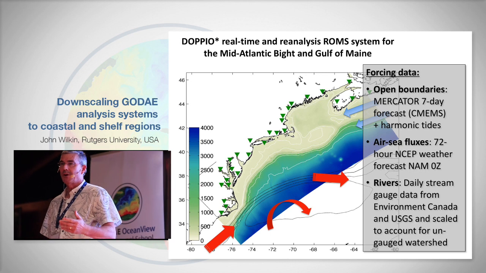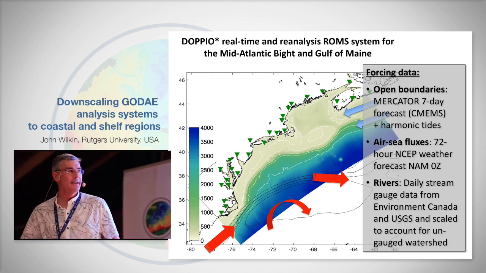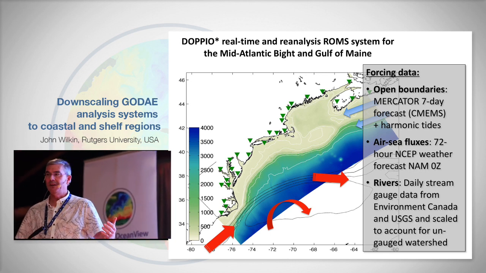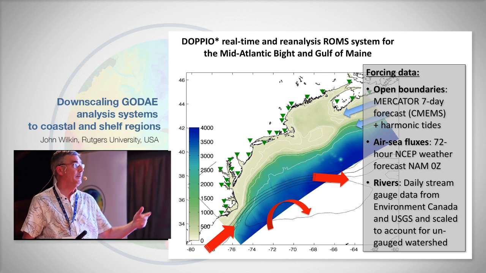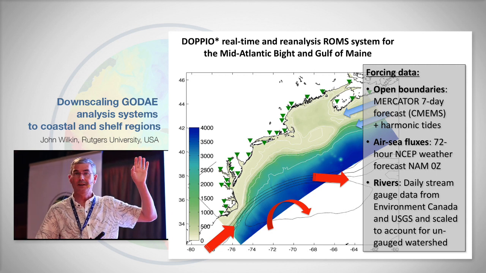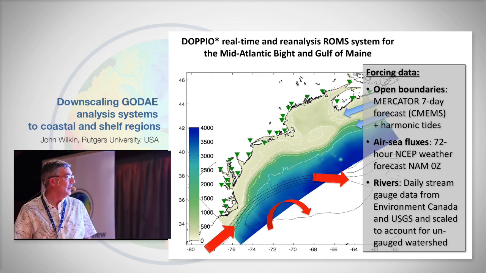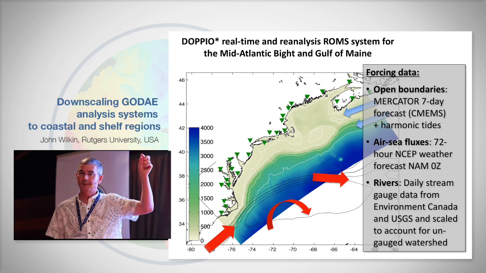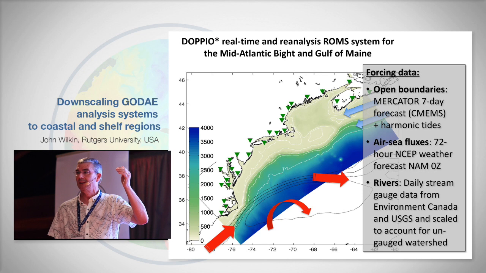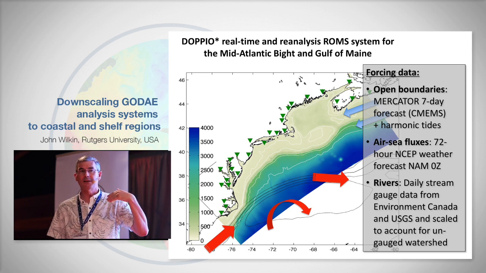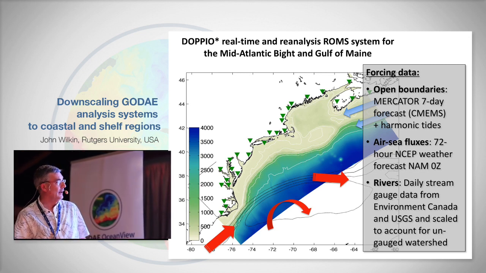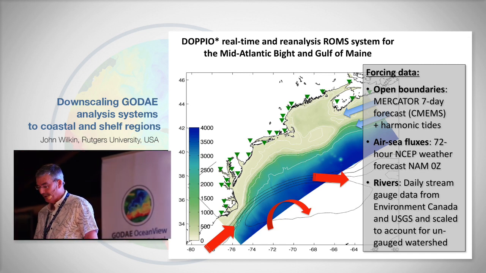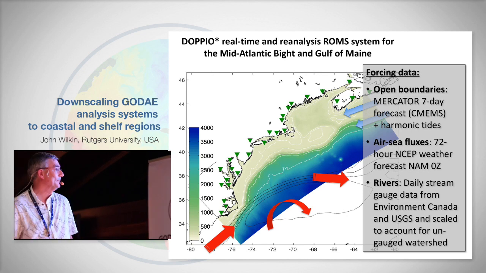We get gauge data from the Geological Survey and Environment Canada, and we have scaled that up with a statistical model based on a very high resolution, 5-kilometer resolution watershed and surface water flow model, because the gauges are a little bit upstream, and there's a significant portion of the watershed that they do not measure. If you don't make that adjustment, you significantly underestimate the amount of buoyancy that's coming into the system, and you'll have too much salt in your ocean, and you won't get Steve Lentz's salt balance correct.